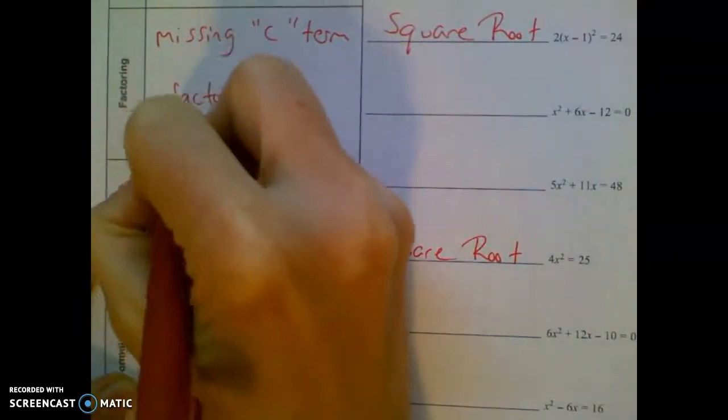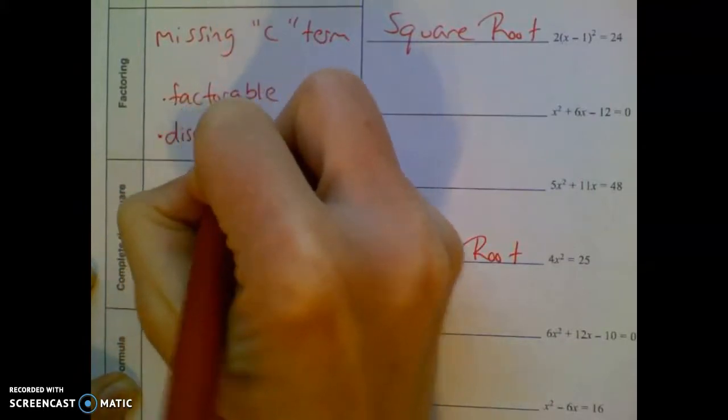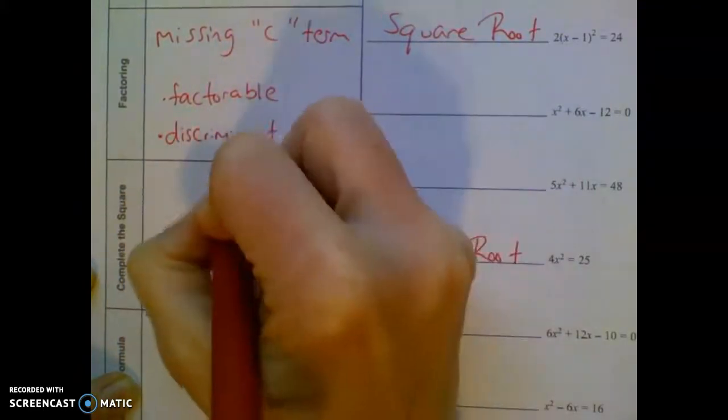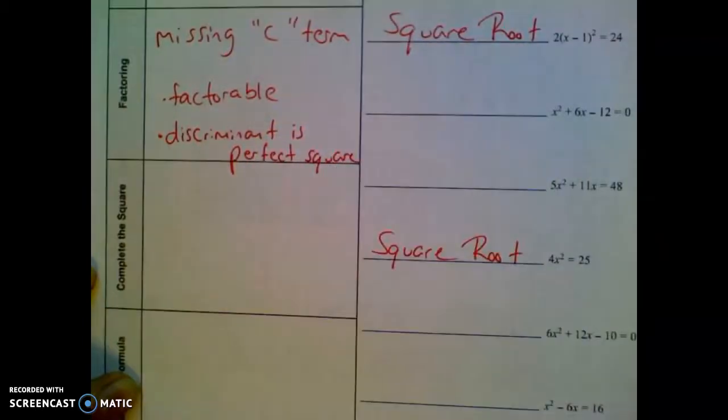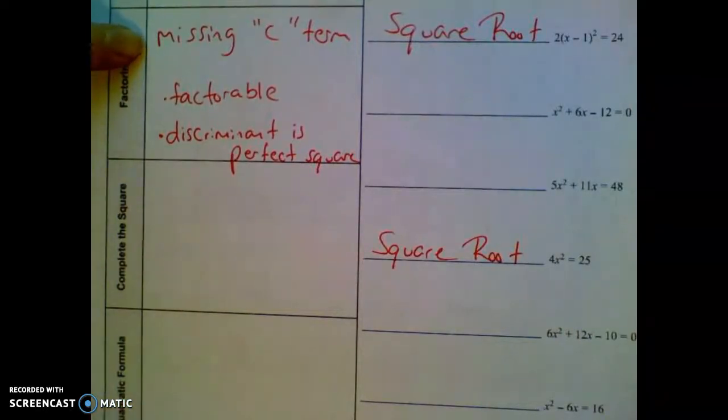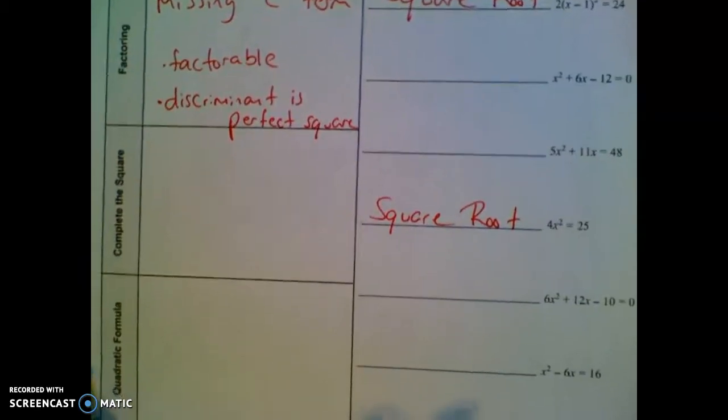If the discriminant is a perfect square. So on all these problems, firstly, if it's factorable just as is, with the c term missing, I'll go, yeah, cool, let's factor it. Otherwise, I'm just going to quickly find the discriminant, that b squared minus 4ac. If it's a perfect square, I'm going to factor it. If not, I'm going to either complete the square or do the quadratic formula.